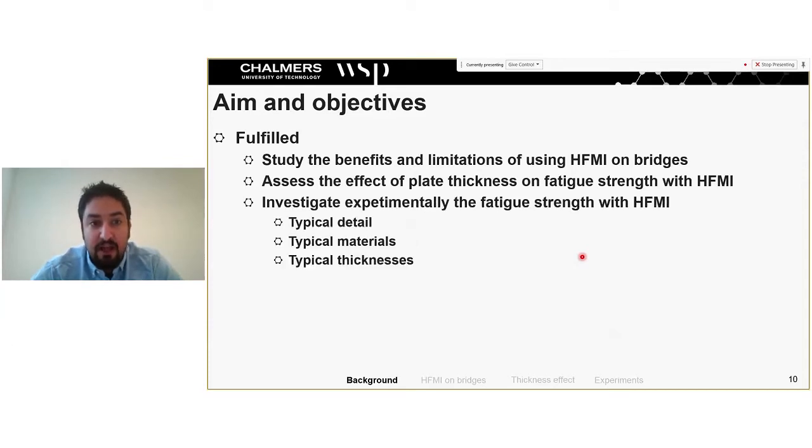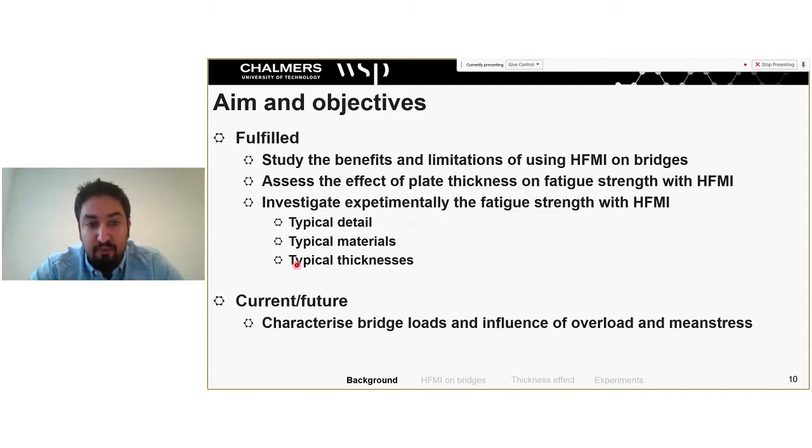And finally, I investigate experimentally the fatigue strength of this improvement technique for typical details in bridges with typical material strengths and thicknesses. And currently, I'm looking at characterizing bridge loads in conventional bridges and trying to see the influence of overloads and mean stresses.